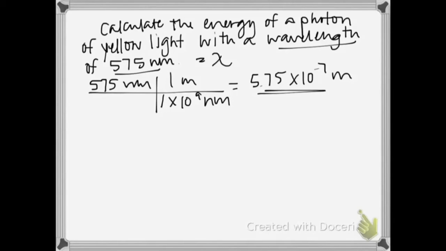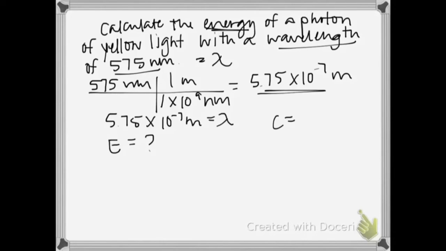Okay, but I'm going to go ahead and move on and show you how to use the equation. So we want to calculate the energy of a photon. So what I have is 5.75 times 10 to the negative 7th meters, and that's my wavelength. And what I'm looking for is energy. Okay, so I need to pick my equations out.